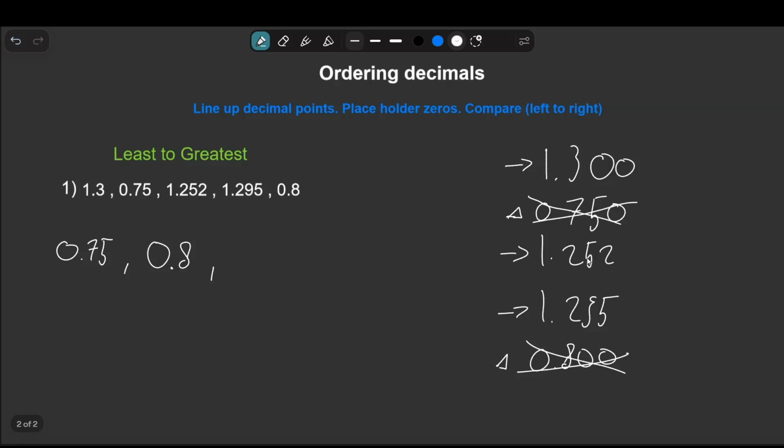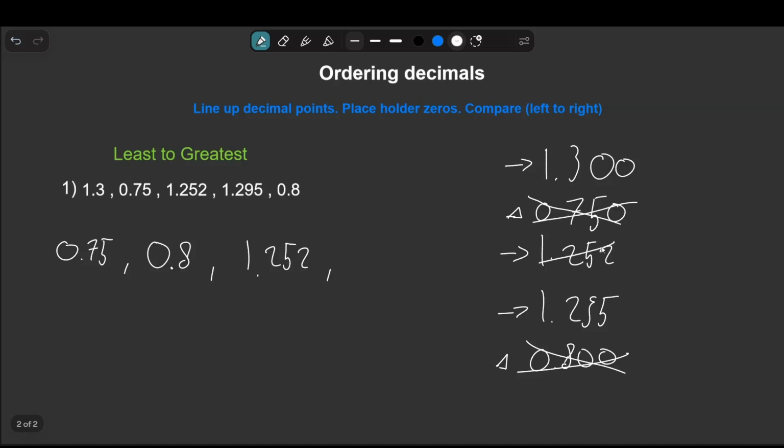Now to the third number. We have a 5 and a 9. Now we can see the 9 is bigger than the 5. So now we know that this one comes third, 1.252.